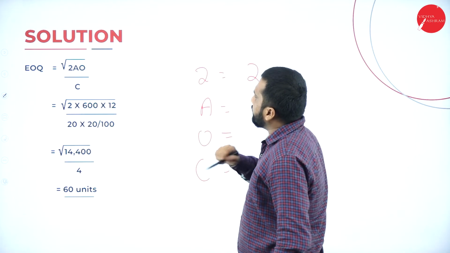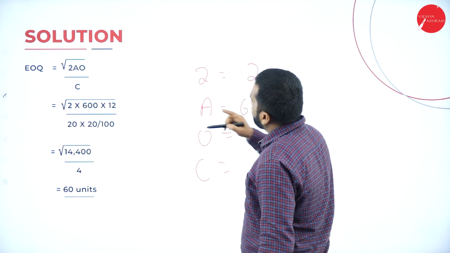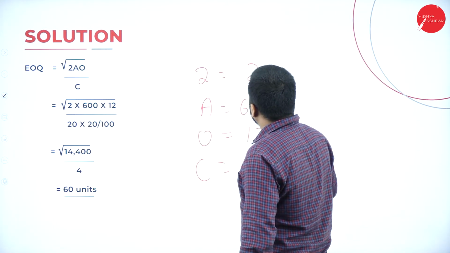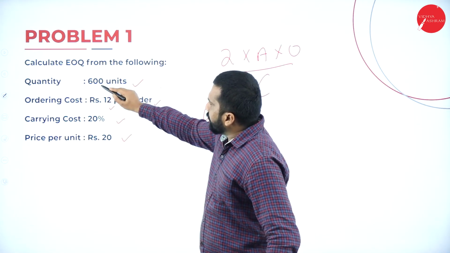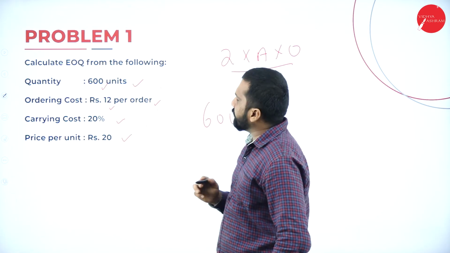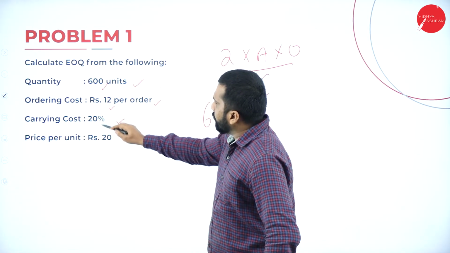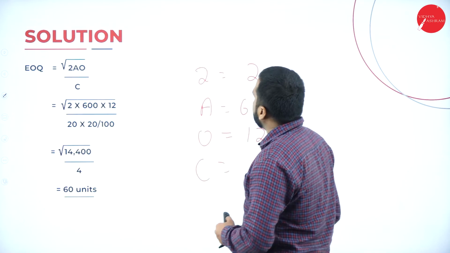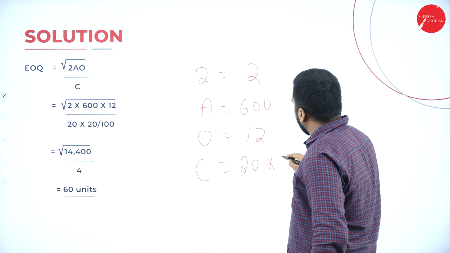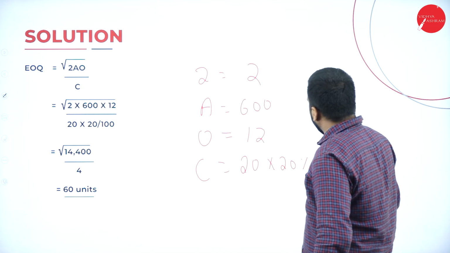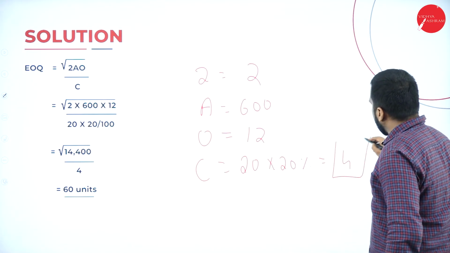What is A? A is 600. What is O? O is 12. Ordering cost is 12, annual consumption is 600. Now, what is C? 20% of 20. Carrying cost is 20 into 20%, it will become 4 rupees.